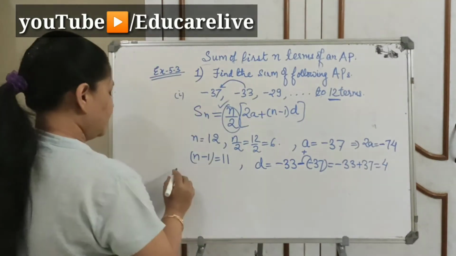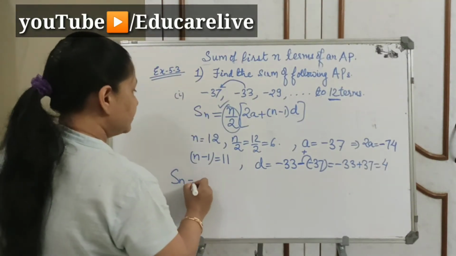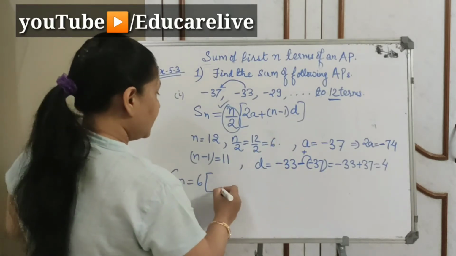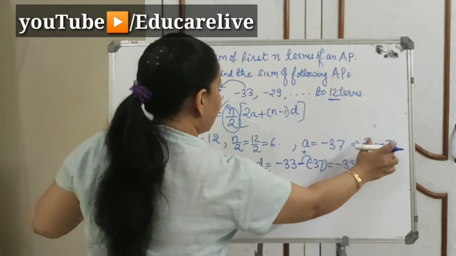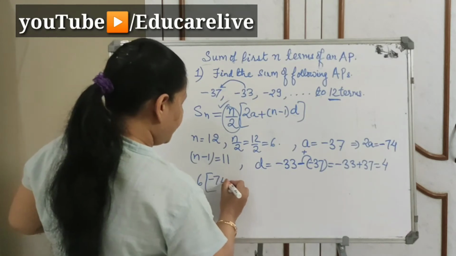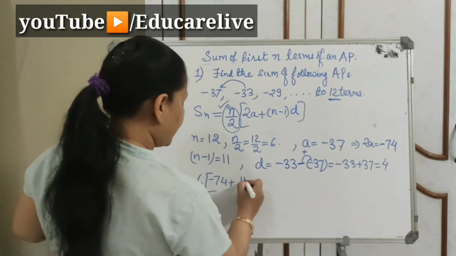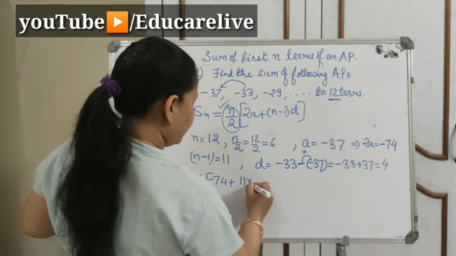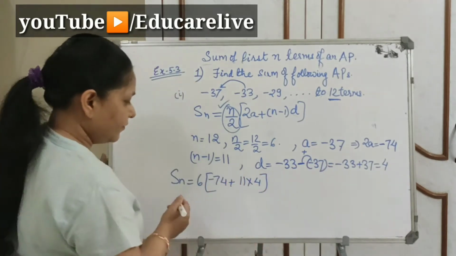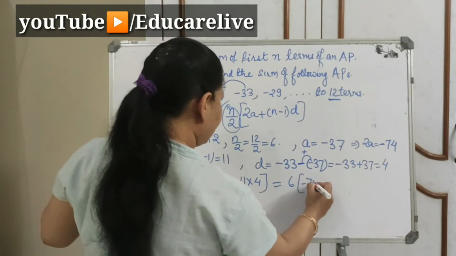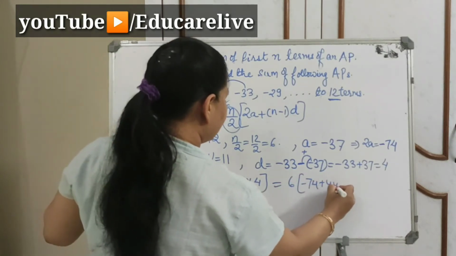Now let's put the values. The sum of n terms will be n by 2, that is 6, times 2A, which is minus 74, plus n minus 1, which is 11, times D, which is 4. So this is 6 times minus 74 plus 44.